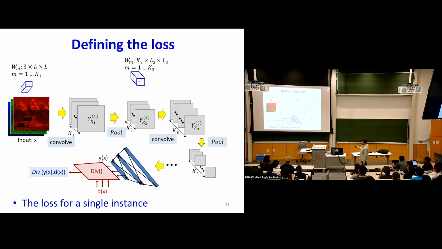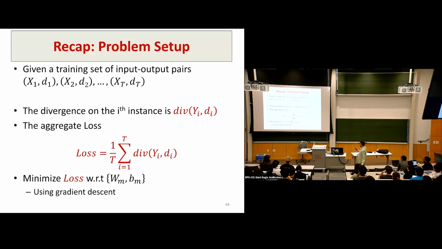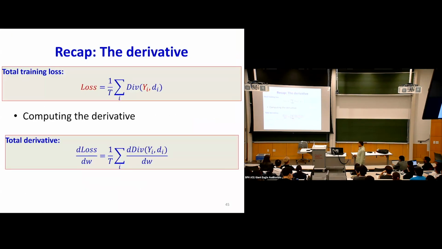For each training instance, you pass it through the network, and then you have the desired output of the network for that input, so you can compute a loss for that instance. Again, in training you're given a collection of input-output pairs. You can compute this divergence for each training instance. The loss is simply going to be the average of these divergences over the entire training set from which you're learning the network parameters. So here is the loss again.